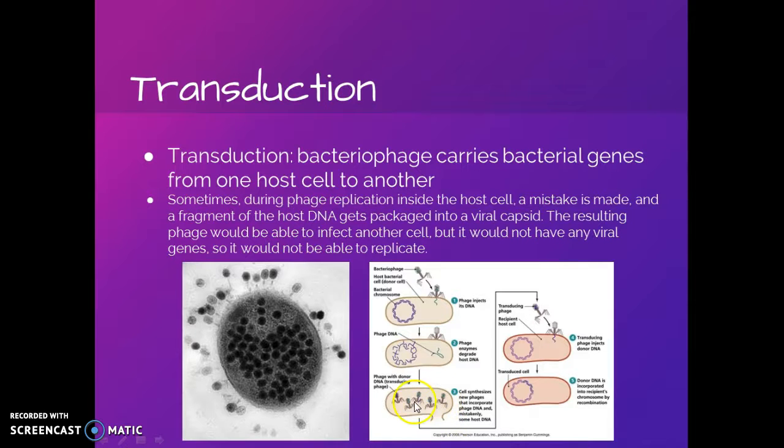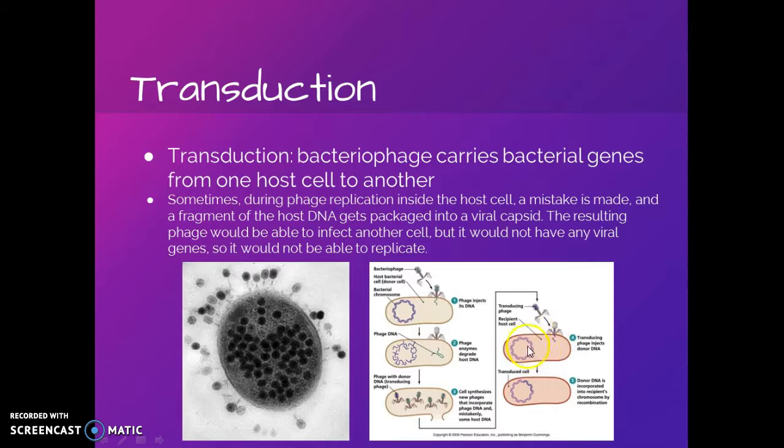hosts. Well, occasionally, instead of having viral DNA packaged up inside the capsids, every once in a while, some of the bacterial or the host DNA will accidentally get packaged up. So notice that when this little bacteriophage with bacterial DNA in it gets released, as it comes up to its next victim, instead of injecting viral DNA, it's actually just carrying with it bacterial DNA from the previous cell that was infected.